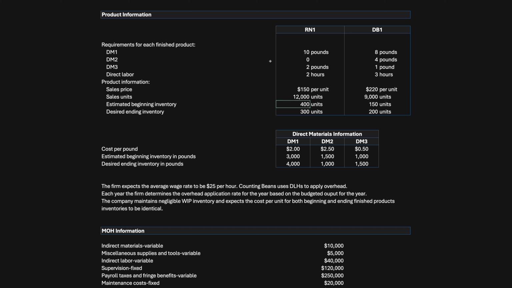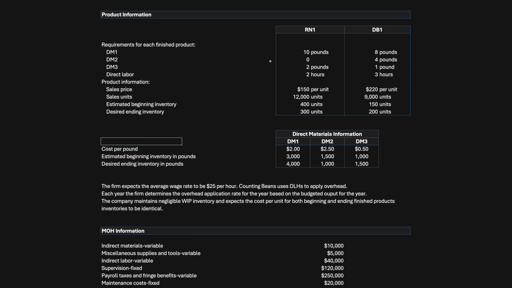The business estimates that beginning inventory for the period will be 400 units of RN1 and 150 units for DB1. And they desire 300 units in ending inventory for the RN1 product and 200 units of ending inventory for the DB1 product.